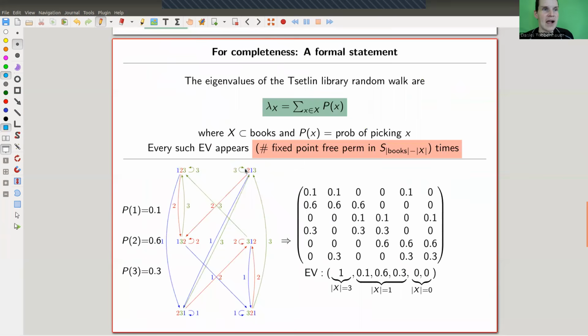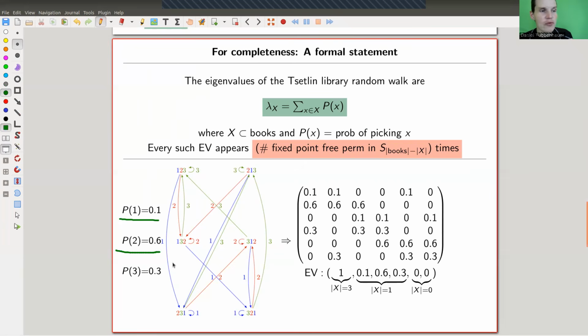That's just it. And you can then write down the eigenvalues in terms of a function, which we'll explain on the next slide a little bit at least, and which is just given by certain characters of the group. And you can write down explicit formulas for all of these, and I've done this here. So in my example here down below, the book 1 is not very popular.